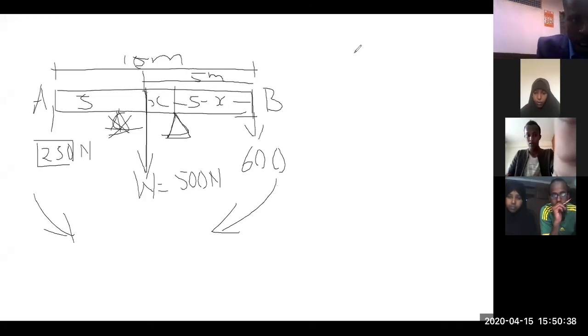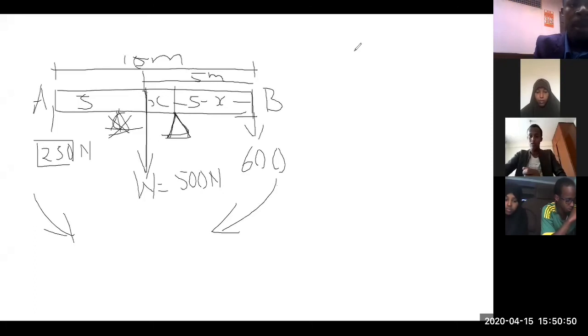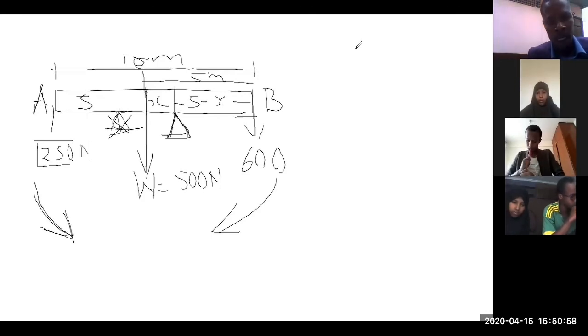So we just need to do the calculation. If this is the turning point, assume the weight on the right is not there. The weight at point A alone acting on this body will make it tilt in an anti-clockwise moment. That is how we handle moments: just take a single force and assume the others are not there.